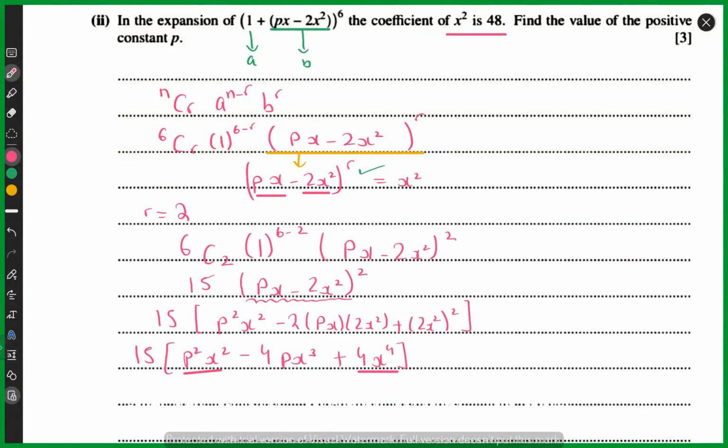I'm just trying to figure out something at this point. Just give me 1 second. They have expanded the entire thing.